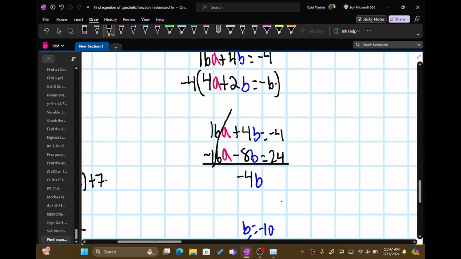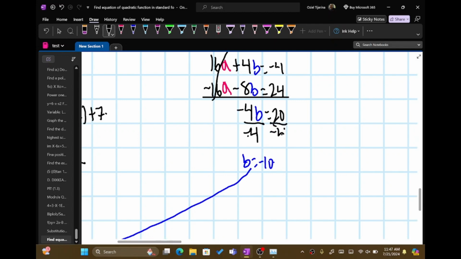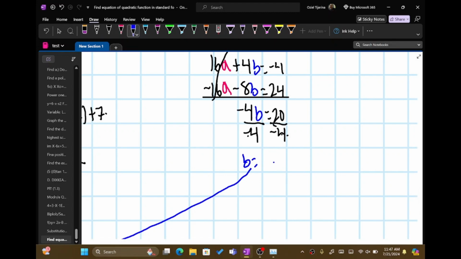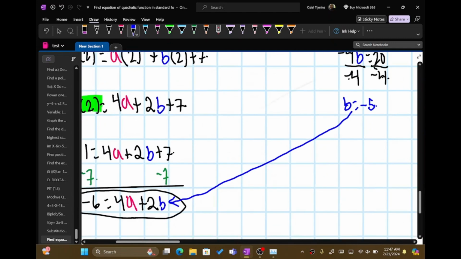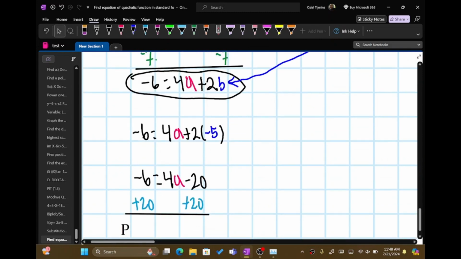Equals 20. So then we divide by negative 4. And we get b equals negative 5. Sorry about that, guys. So b is equal to negative 5, right? My bad. So then we go ahead and just plug this in. So this is negative 5 here.